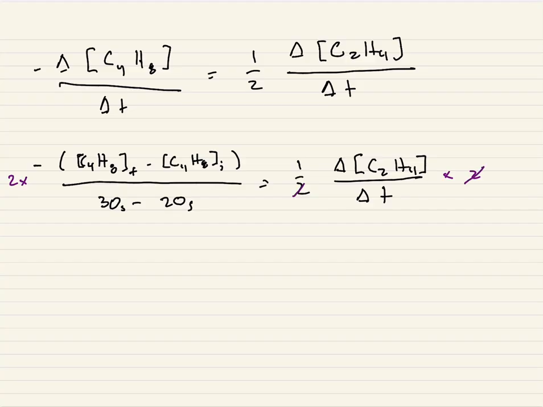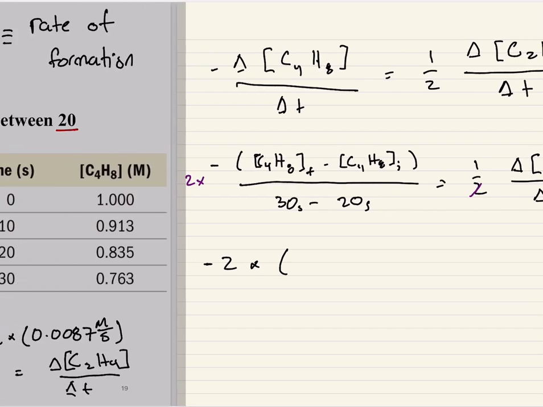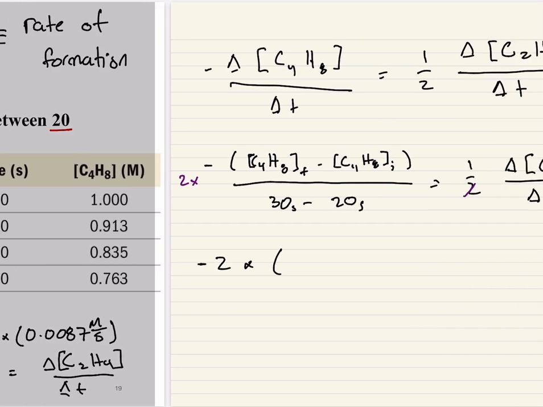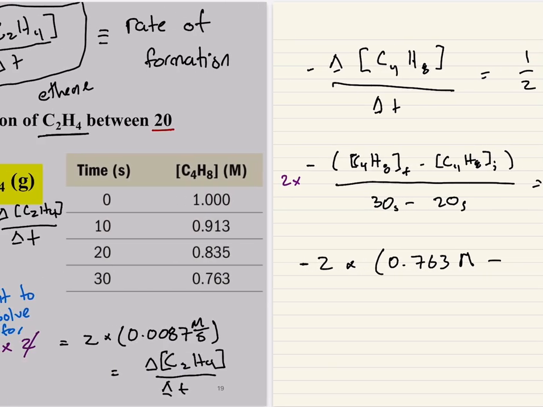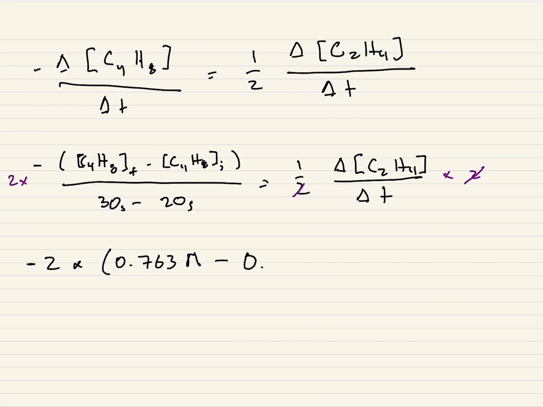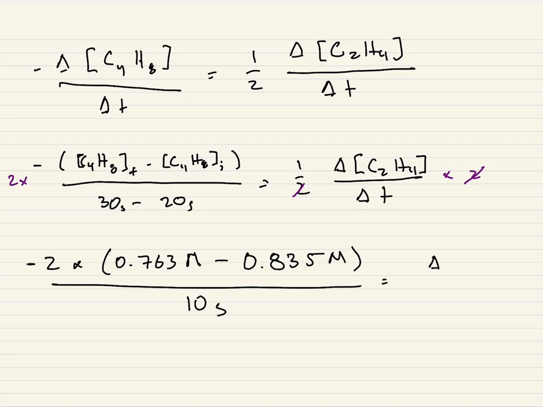So the 2 cancels out, and we'll get -2 times, I'm just going to check the values here real quick, 0.763 molar minus 0.835 molar over 10 seconds is equal to delta C2H4 over delta T. So that should be equal to the rate of formation. It's the rate of formation, so it should be a positive quantity.